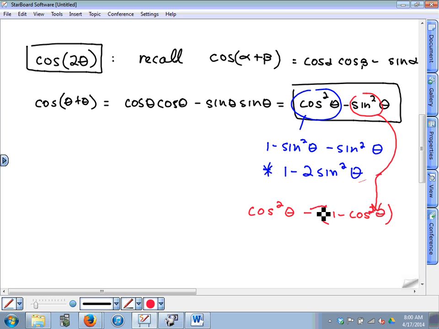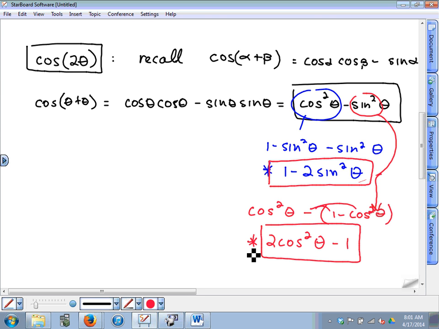The minus sign distributes there to make it into a positive cosine. So there's 2 positive cosine squares. So that's 2 cosine squared theta, and then what do we have left? A minus 1. So there's the other form of it. So there's 3 forms of that cosine of 2 theta formula. The most common one is the cosine squared minus sine squared, but the other 2 are very easy to derive from that.